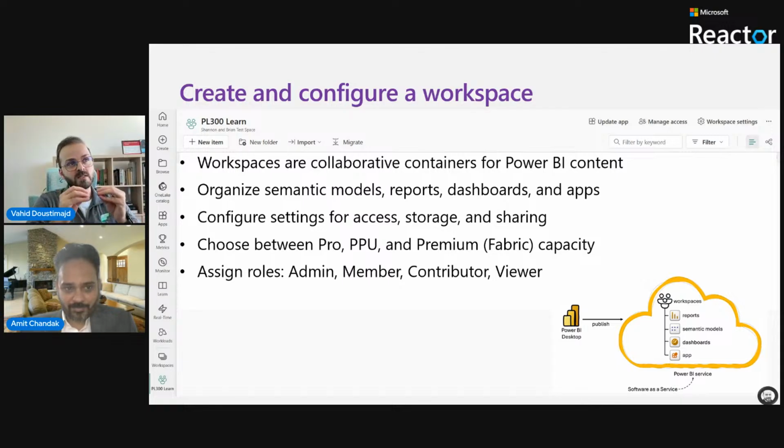And the biggest feature is that users who want to use the report don't need to have a Pro license or Premium per user license. You can share with free licensed people, and that's good because in your team you can have some developers with Pro licenses, and they can publish to the workspace with the Premium or Fabric capacity, and they can share that with the free users. So let me go to the next slide and go through those different roles in the workspace.